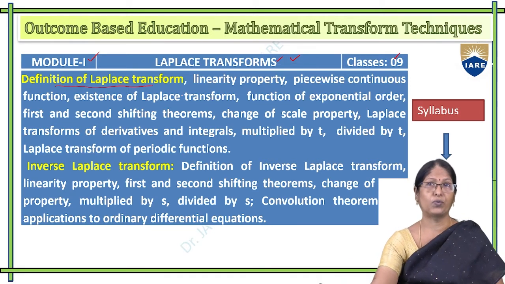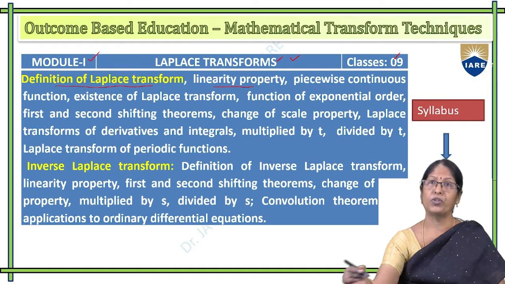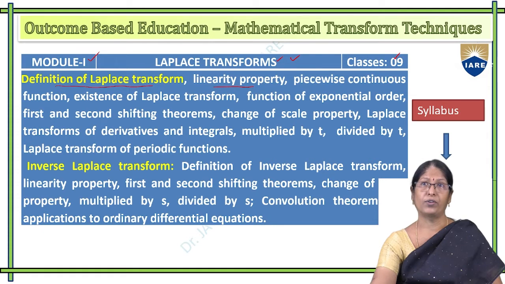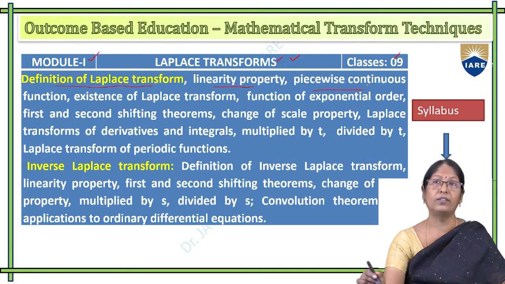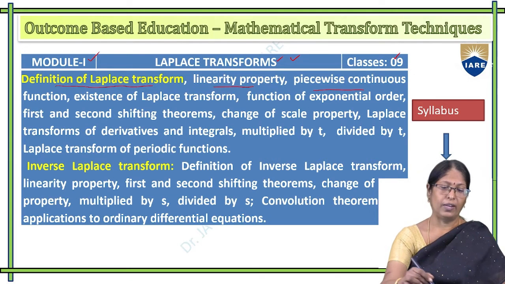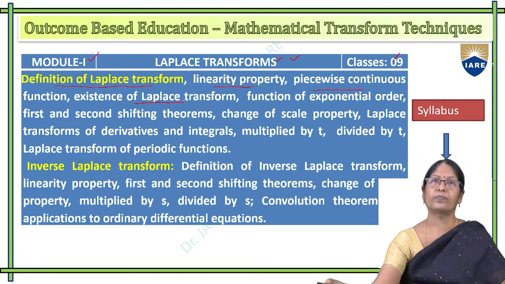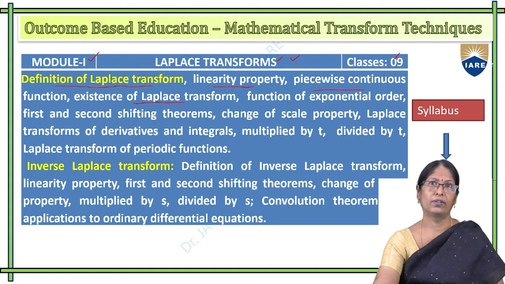In the Laplace transform, the linearity property is that the Laplace of a sum of two functions can be written as the sum of the Laplace of each function. Then piecewise continuous: for the existence of the Laplace transform, the function should be of exponential order and piecewise continuous.